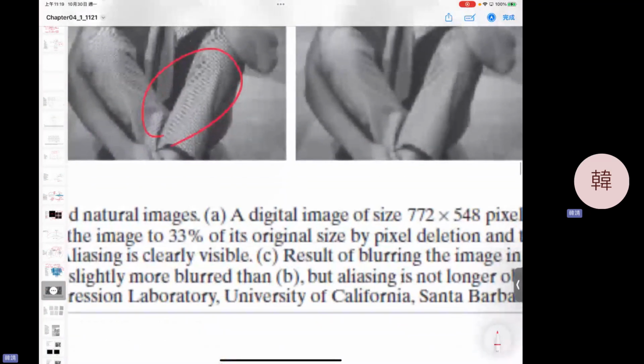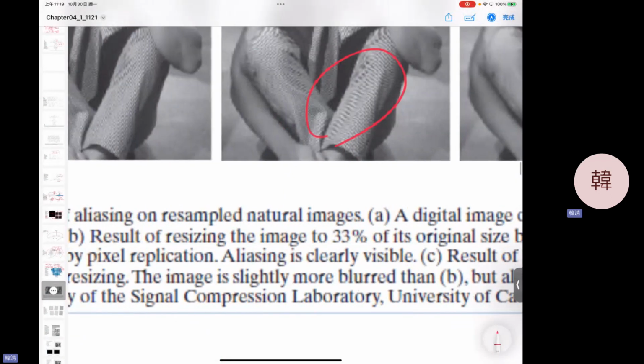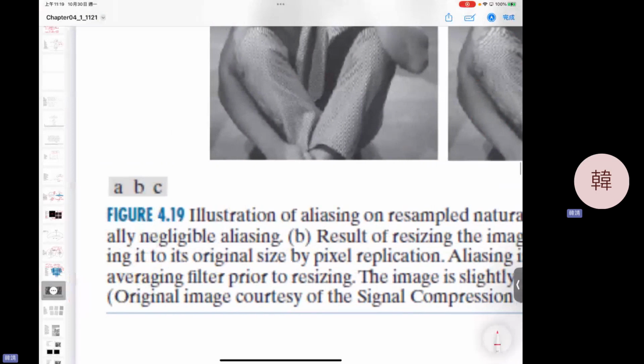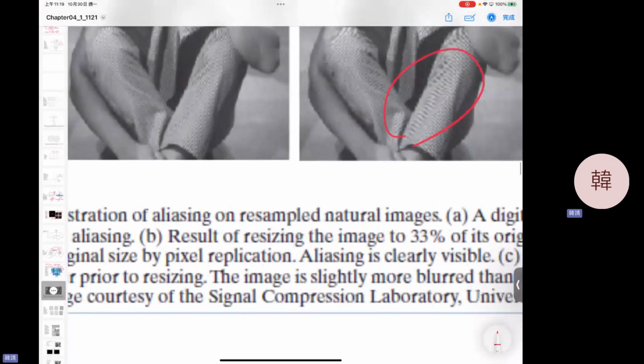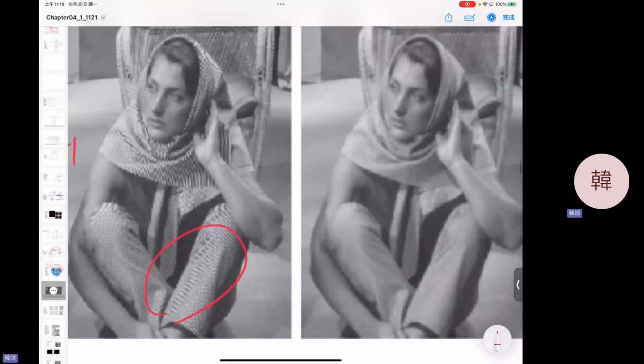So this one, the C image, is the result of blurring the image in A with an average filter prior to resizing. Okay, the image will be different. So please compare these two images. But you sacrifice some higher frequency components. So you don't get the aliasing.